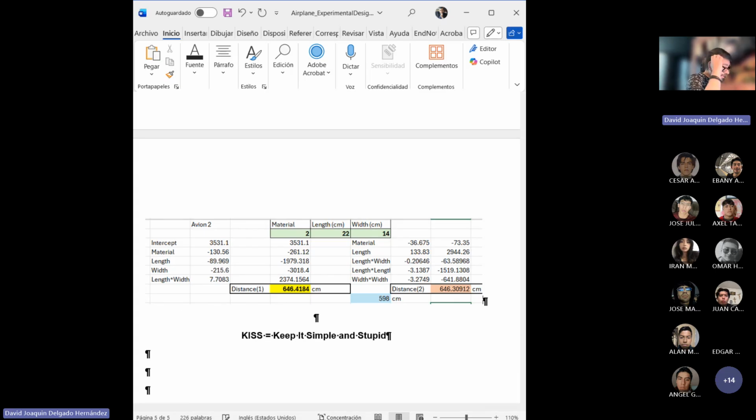So which one will we choose? We choose the very first model, the linear model, because it is simpler. So let us see.